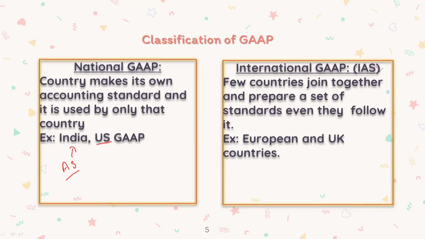This was followed by European countries and the UK too. So when a group of countries prepares its own set of standards and they are followed by that group, that is international GAAP, the International Accounting Standards.